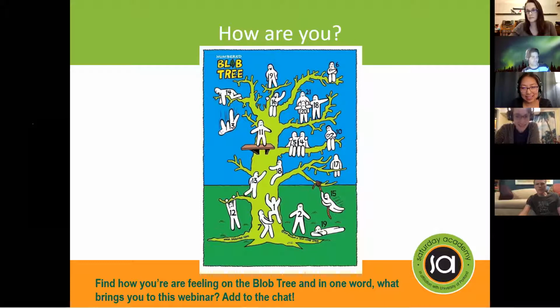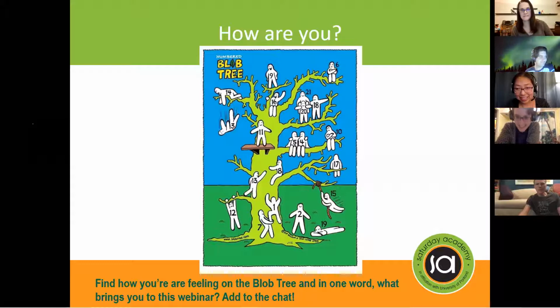All right, we have Jackie who's feeling blob 20 with her family, also blob 13. How are you all doing out there on the blob tree? We've got an 11, a 13, an 8, a 45, an 18, an 11. We've got a 1 climbing on up, and a blob 13 on our way up.